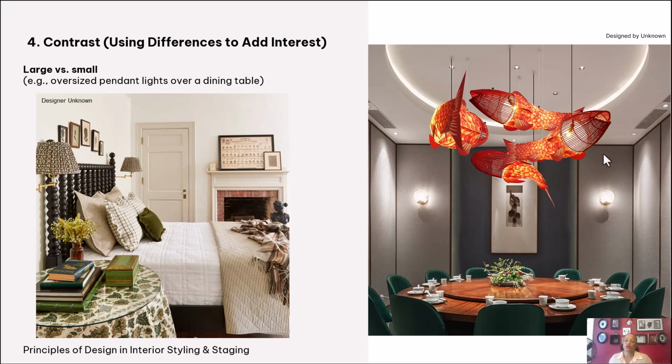Or it could be something that's really big, like this dining room. Again, pretty minimalist, gray walls, white ceiling, wood table. And then we have this really large light fixture that's orange, right? So it's a contrast in color, it's a contrast in size. When I walk into this space, I'm definitely looking up. It's the first thing I'm seeing because it is so different.